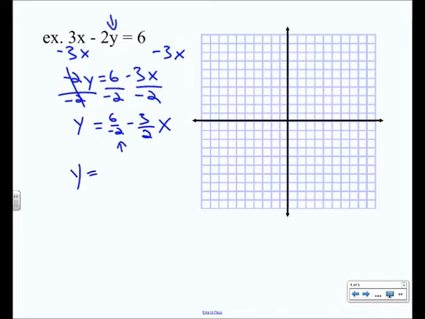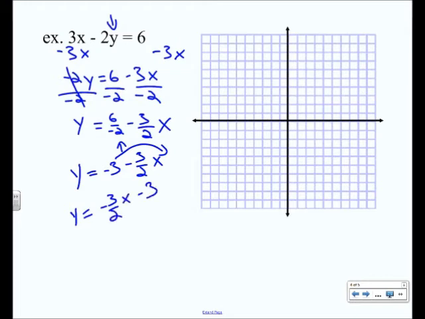We can take this 6 over a negative 2 and reduce that. It reduces down to a negative 3, and we've still got our negative 3 over 2x. We're almost there. Now all we have to do is move this back over to this side, and we'll have our slope intercept form ready to go. y equals negative 3/2 x minus 3.